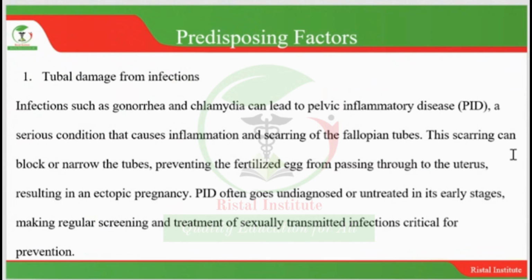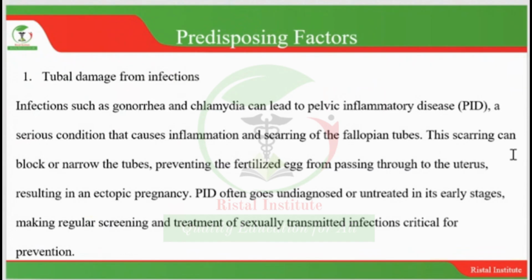This scarring can block or narrow the tubes, preventing the fertilized egg from passing through to the uterus, resulting in an ectopic pregnancy. PID often goes undiagnosed, making regular screening important for prevention.